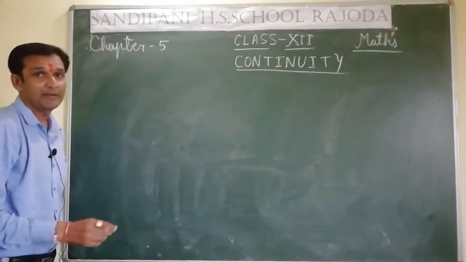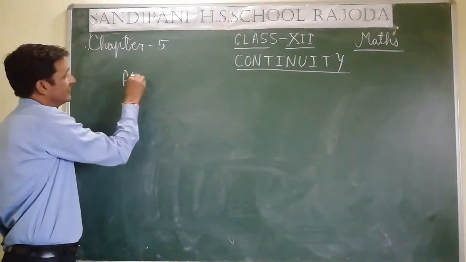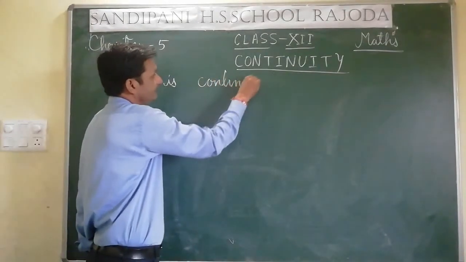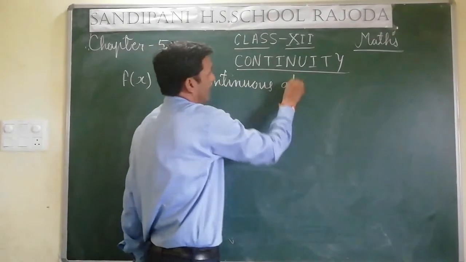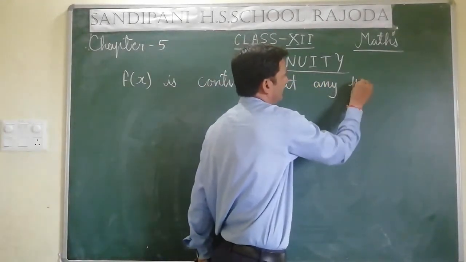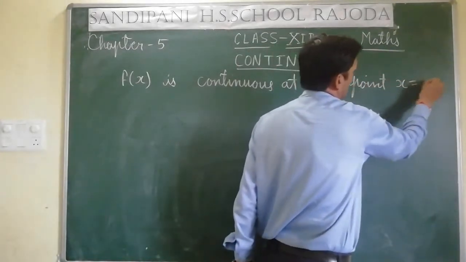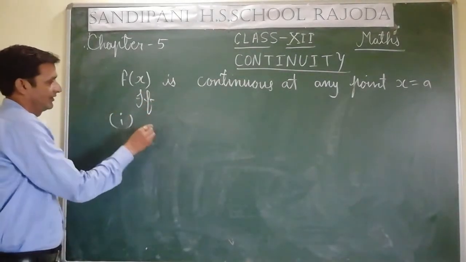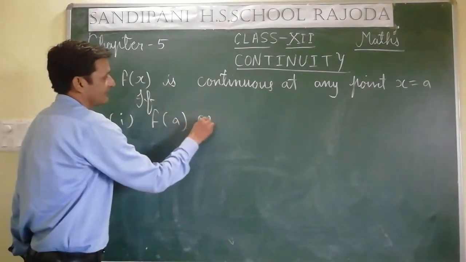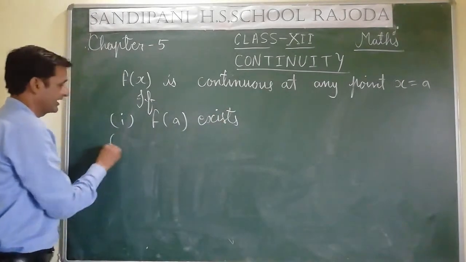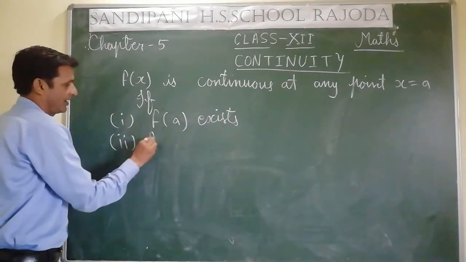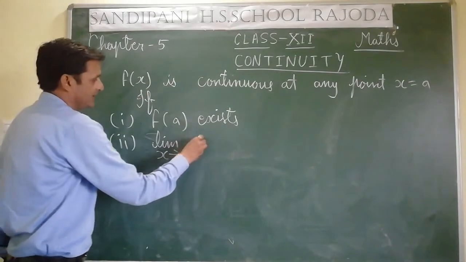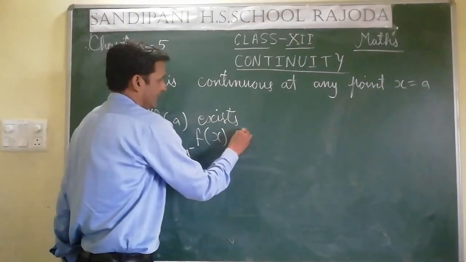First of all, I am telling you that f of x, any function, is continuous at any point x is equal to a if, first, f of a exists; second, limit x tends to a minus f of x exists.